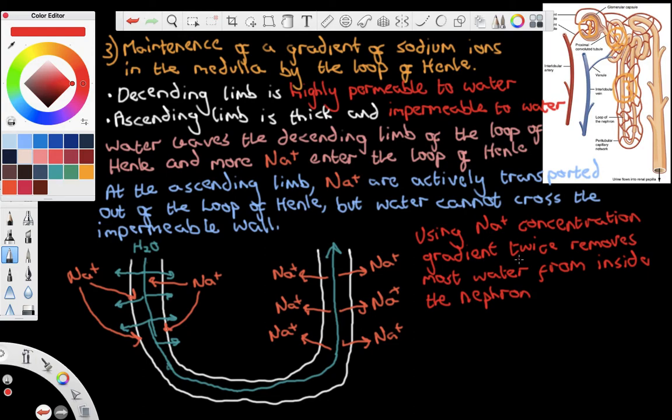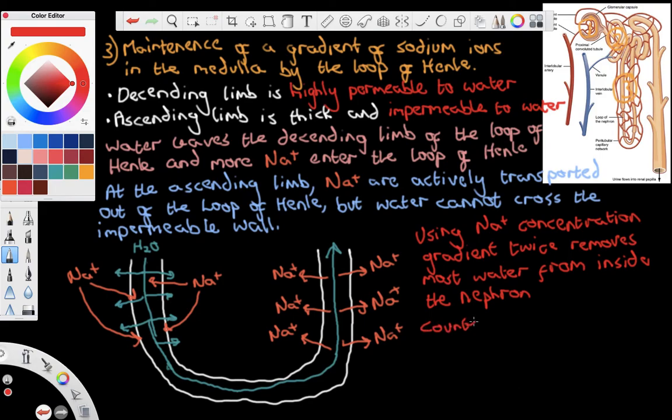Okay, so it removes most water from inside the nephron. Countercurrent between the ascending limb and the collecting duct ensures that there is a high concentration gradient.